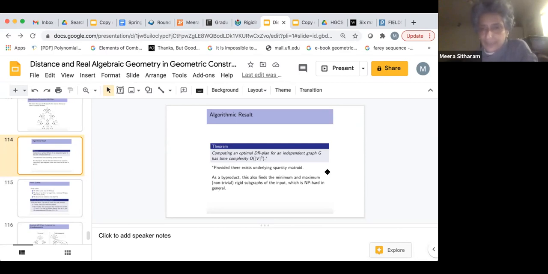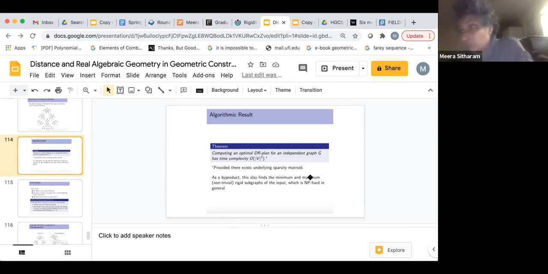Minimum means not just a minimal non-trivial rigid subgraph, but one that has the fewest number of vertices. Believe it or not, that's a hard problem. I give you a graph and I want you to find the minimum sized subgraph in it which is non-trivial, which means it's more than an edge, let's say, and is rigid. That's an NP hard problem.